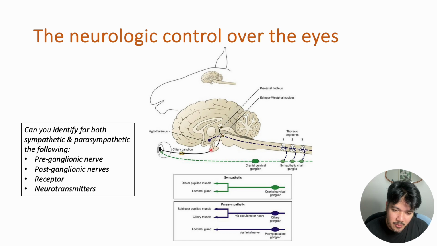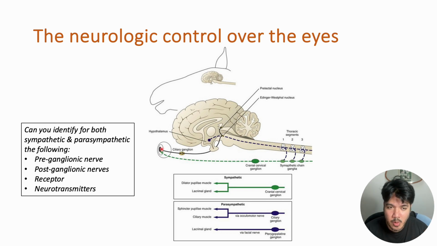It then comes out from your brainstem and synapses to your postganglionic fiber at the level of your ciliary ganglion, and the postganglionic fiber makes its way to your eye. It controls your iris sphincter, which helps with constriction of your eye, and basically it's a response to bright light being shone in.